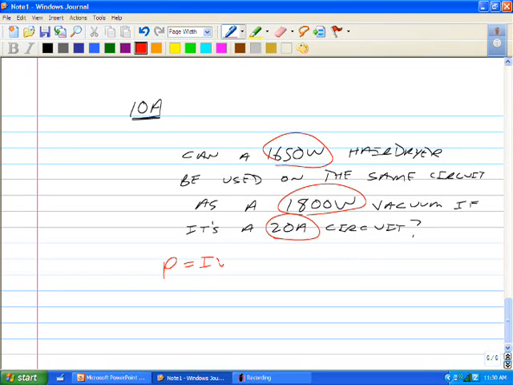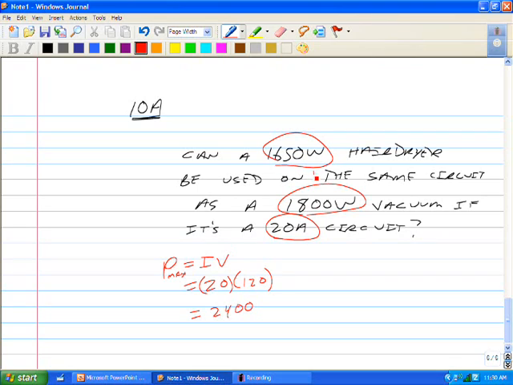If P equals IV, then the maximum power on a 120 volt, 20 amp circuit is 20 times 120, which is 2400.